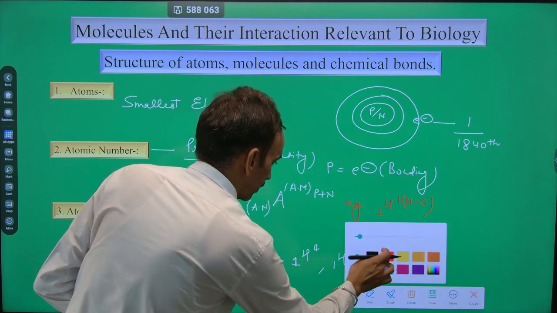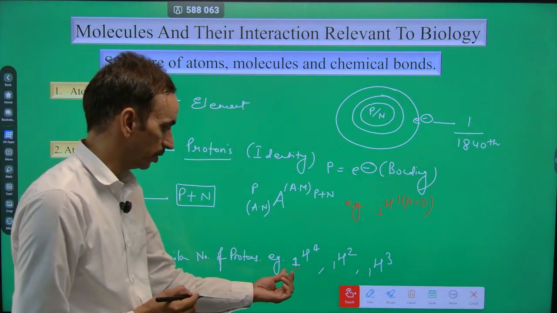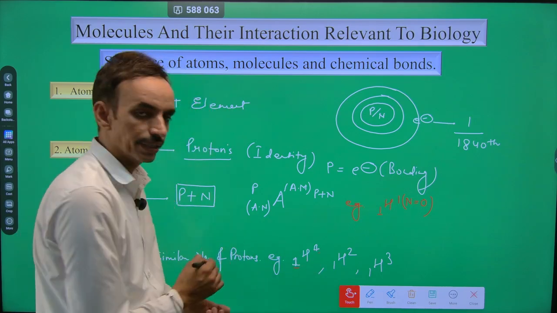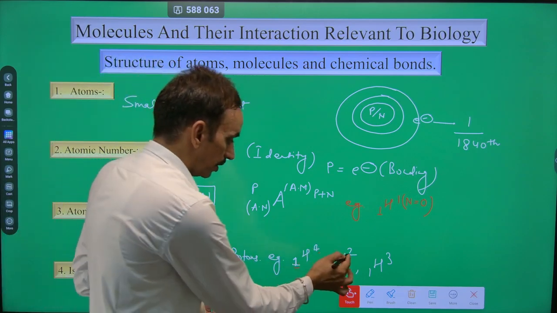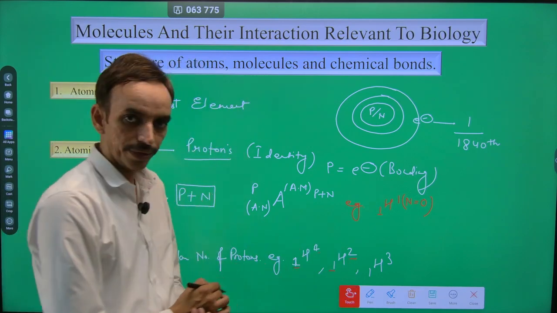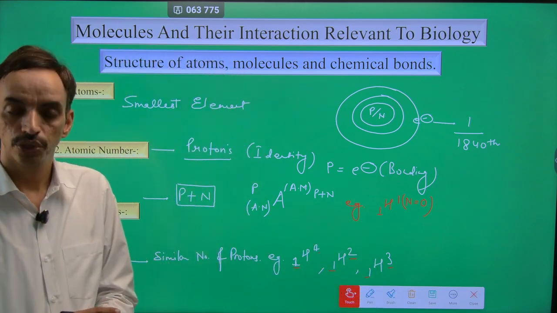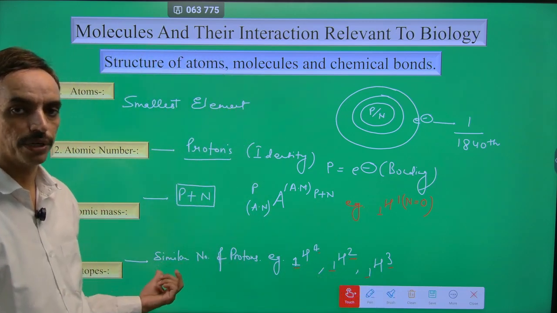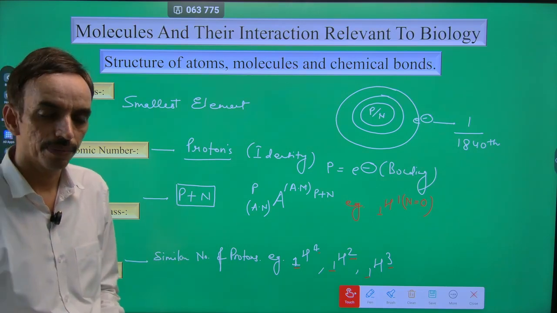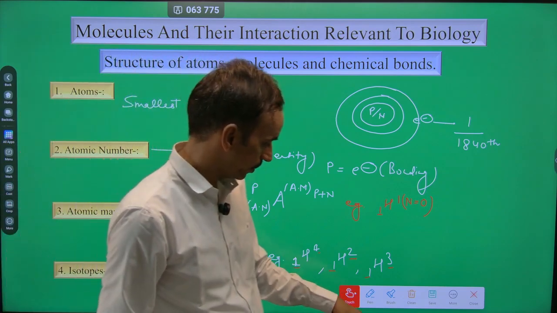Here the number of protons is 1, the number of neutrons is 0. Here the number of protons is 1, the number of neutrons is also 1. Here the number of protons is 1, the number of neutrons is 2. So the atomic number is the same, but they have different numbers of neutrons. So these are known as the isotopes of hydrogen.